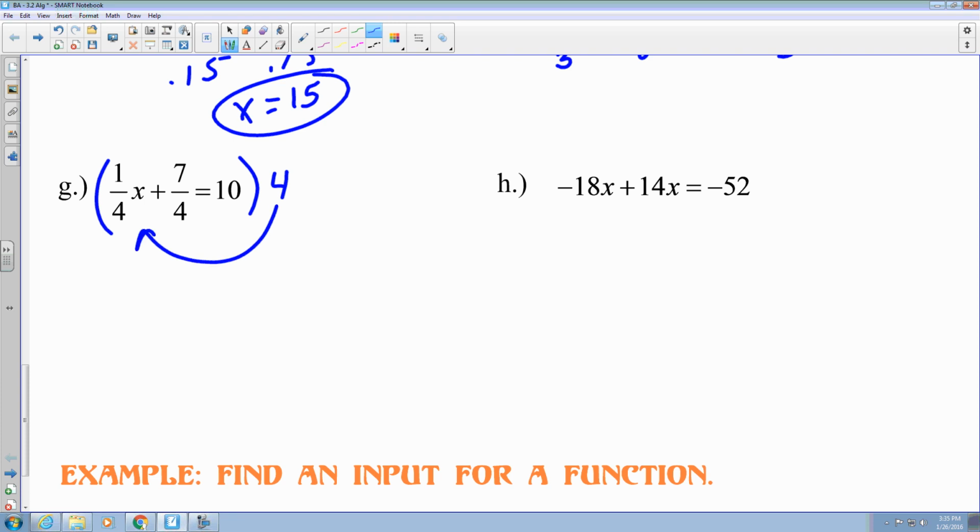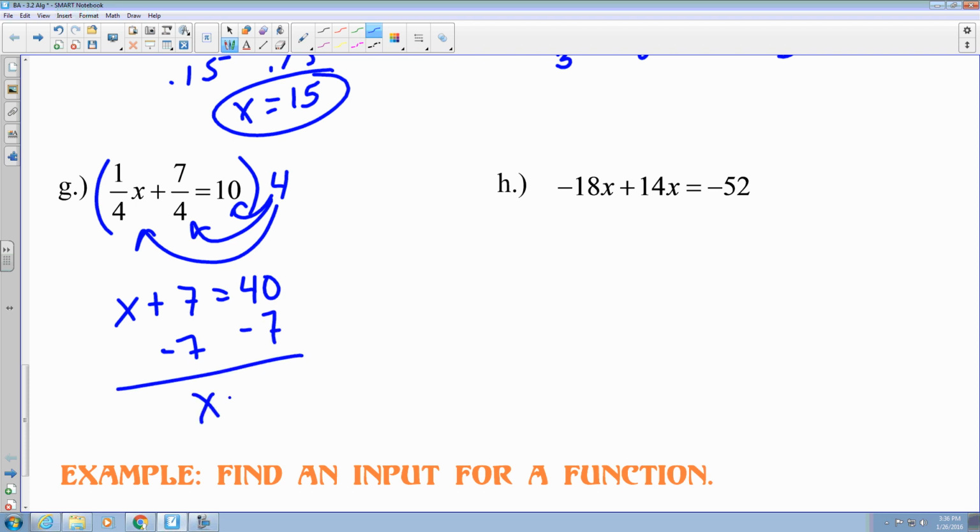So I'm going to distribute this 4 to each of the terms inside the equation. So 1/4 times 4 gives you 1, which just means I get x, plus 7/4 times 4. The 4's cancel, so now I just get 7, and it's going to equal 10 times 4, which is 40. Now x plus 7 equals 40 looks a lot easier to solve than 1/4 x plus 7/4 equals 10. Now I just subtract 7 from both sides, and x is going to equal 33.